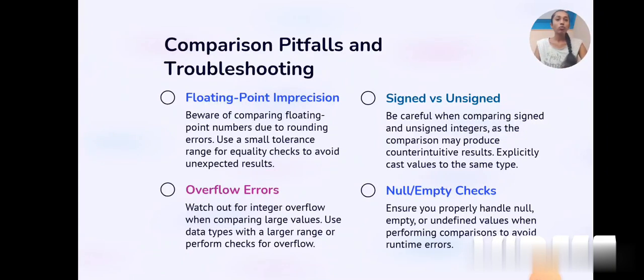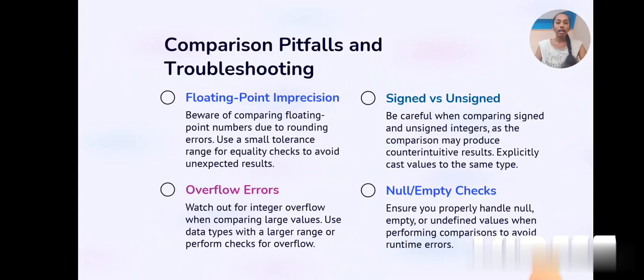Next, signed versus unsigned. Be careful when comparing signed and unsigned integers, as the comparison may produce counterintuitive results. Explicitly cast values to the same type. Overflow errors. Watch out for integer overflow when comparing large values.